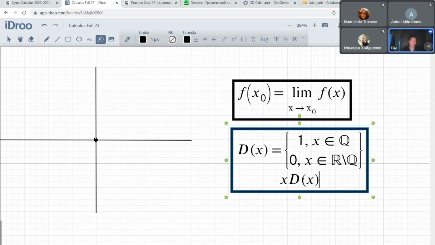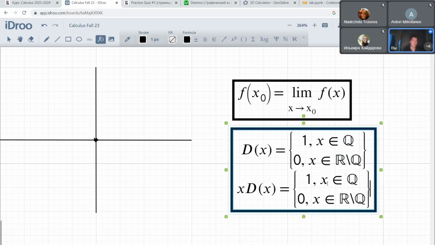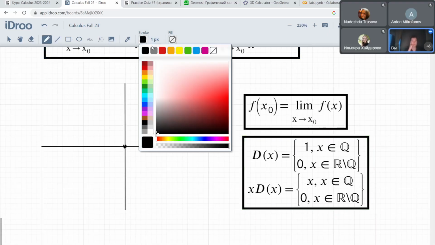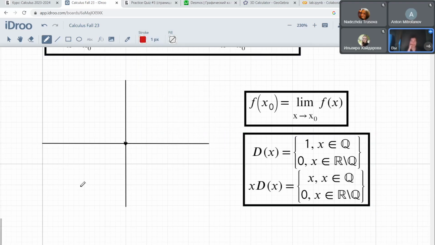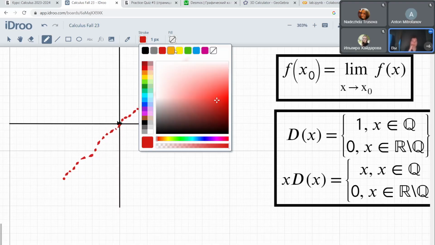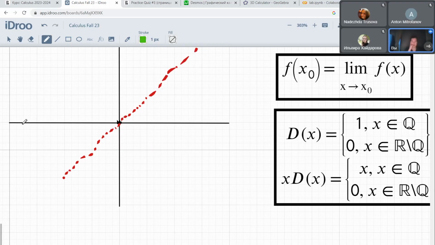We can introduce this function, x times the Dirichlet function of x. What do we know about it? It will be x at rational points, and it will be 0 at irrational points. So formally it will look something like this. I'm not good at drawing, but you can just imagine that this plot is beautiful.